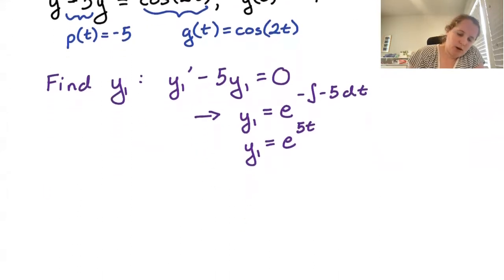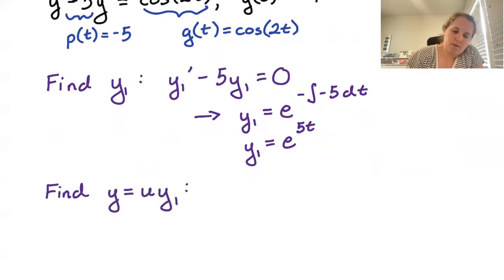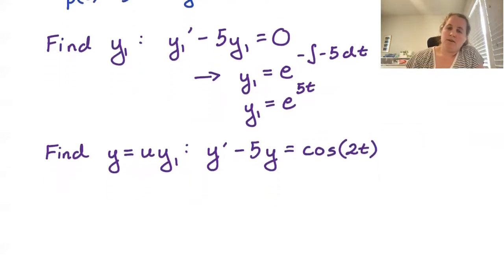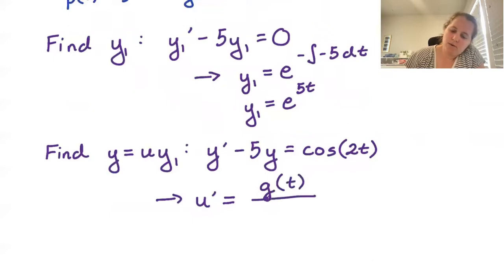Now we're going to find y, equaling u times y1, so that y prime minus 5y is equal to cosine of 2t. So again, at this point, we know that u prime is equal to g of t over y1.